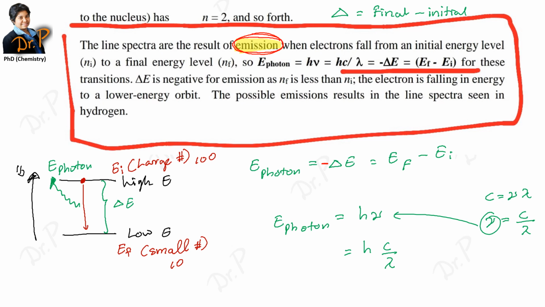When you look into this diagram, now you know that delta E is the energy of the photon. So we have the energy of the photon, which is also this delta E.